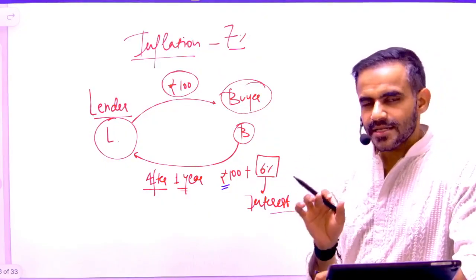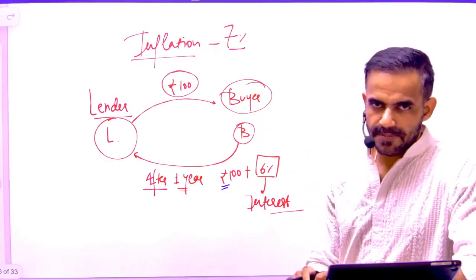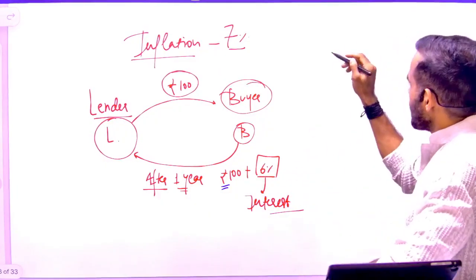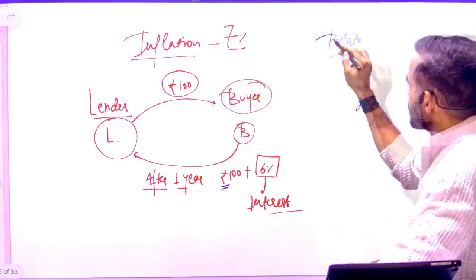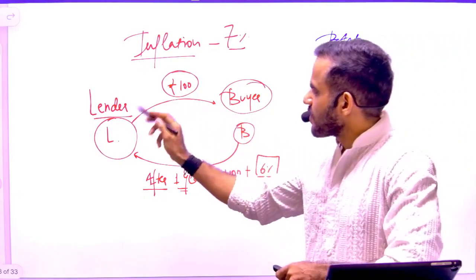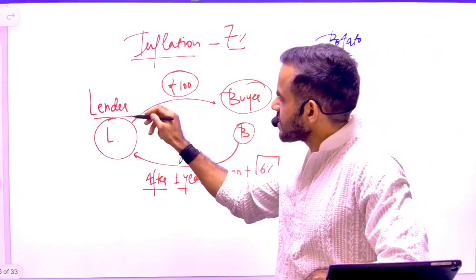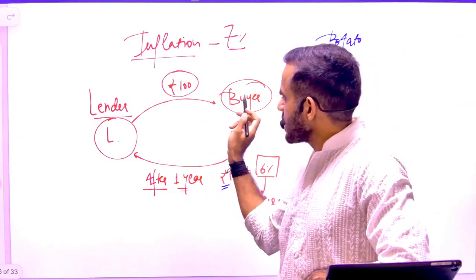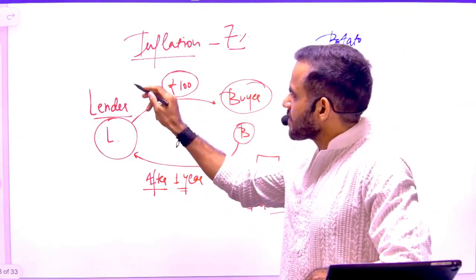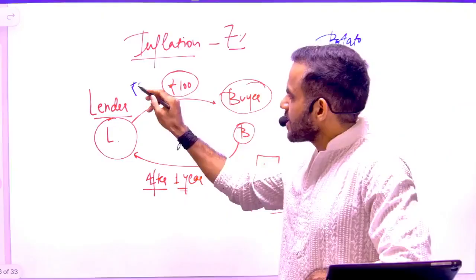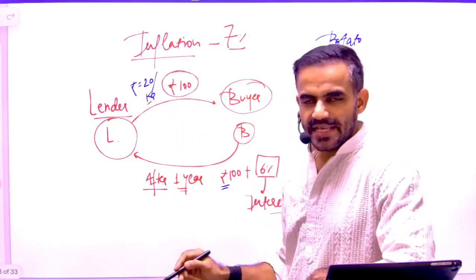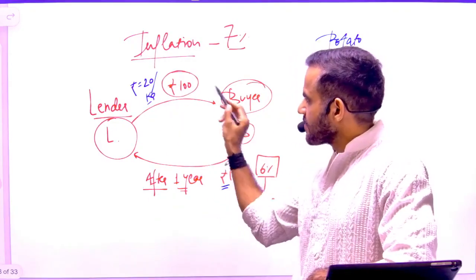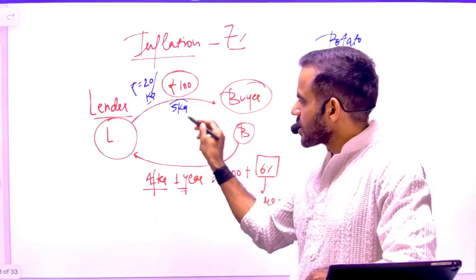Now let's consider a very practical example. Let's say the price of potato. When this person L gave money to person B, at that time the price of potato was, let's say, 20 rupees per kg. So can I simply say this person has given 5 kg of potato?